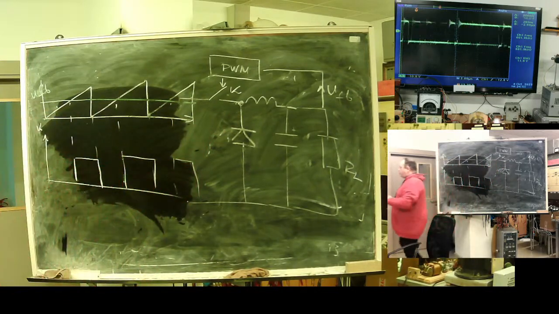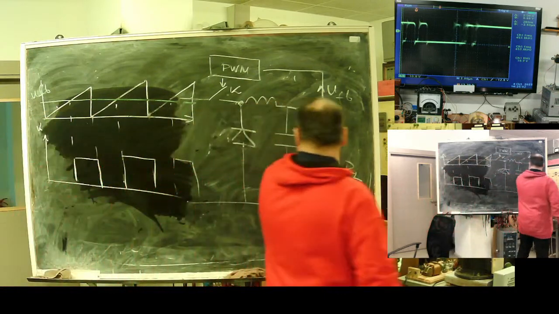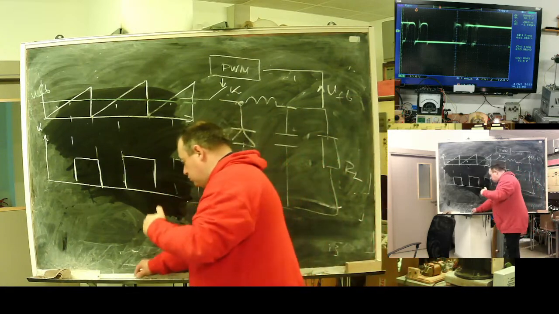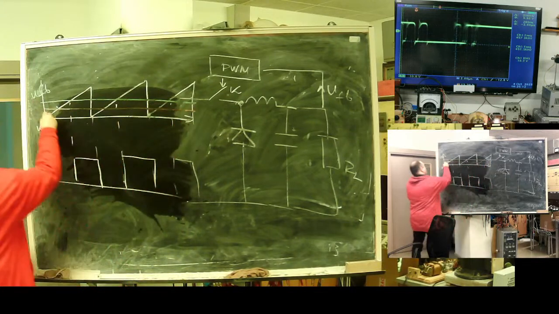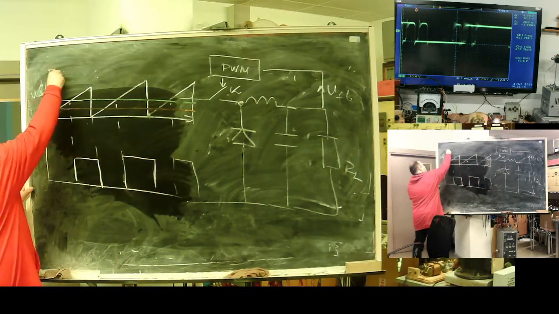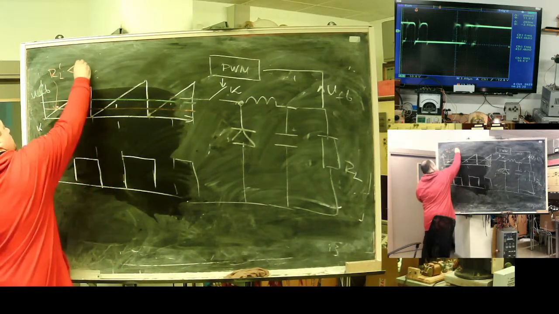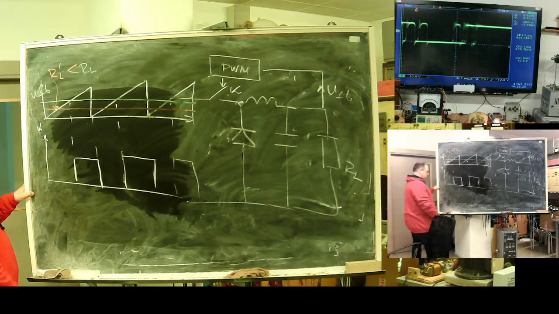If, for example, the load increases, I put in an additional resistance. See what happens. If the load increases, the resistance decreases, and the voltage also goes down. What will happen?